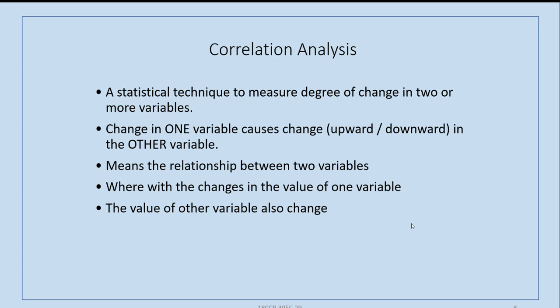Degree of change means how much it has changed in quantitative things. That means we have to measure that. If you are able to measure it, then it is called quantitative. If you cannot measure, suppose two people are very kind, very intelligent, then who is more intelligent, who is less intelligent?